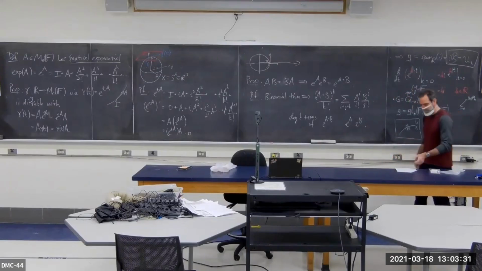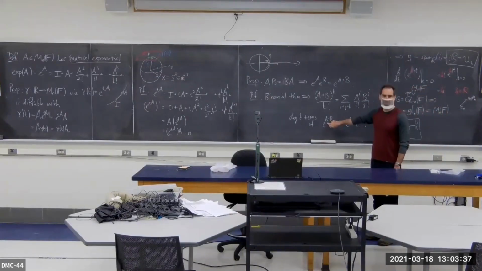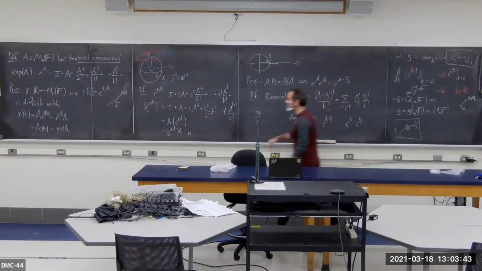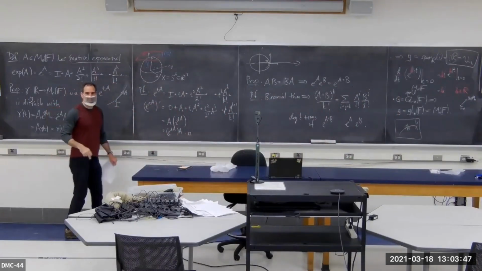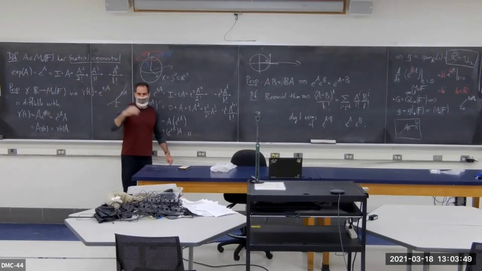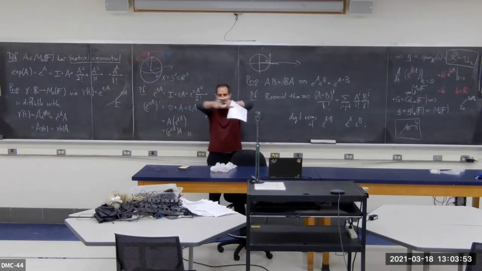You do need these things to commute because you need that it doesn't matter what order you take them. When you write e to the a plus b down, you're going to end up with a, b, a, b, a, b, this sort of thing. Powers of a plus b involve an a and then a b and then some a's and some b's, and you want to be able to move the a's to one side and the b's to the other side.